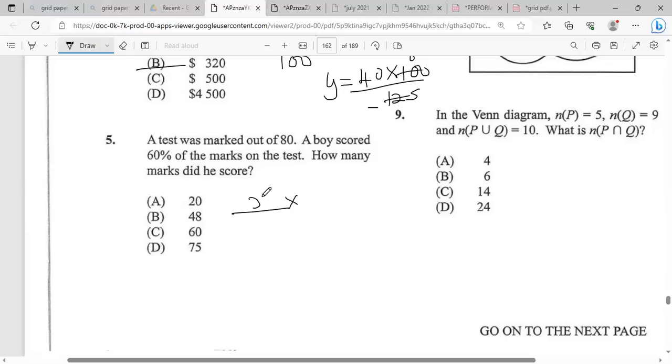I could call this X, and it was marked out of 80 times the number, and we got 60%. So we can take it from there. And the Y would have actually been 100%.